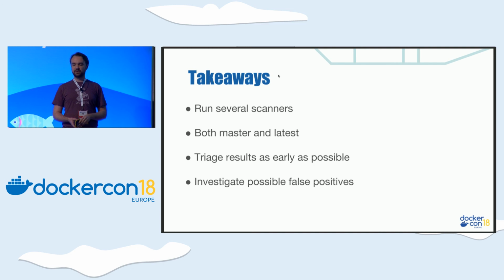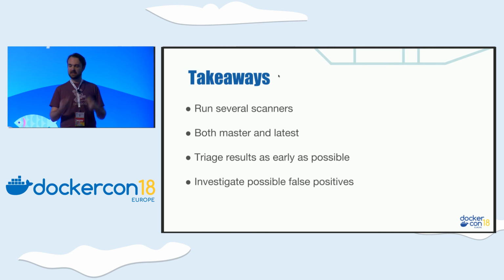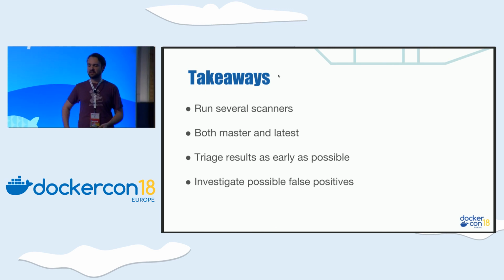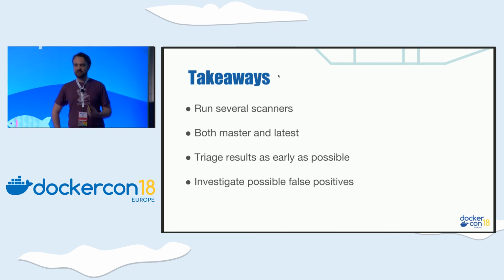Don't forget to scan many versions, not only master, but also what's actually running right now. Triage results as soon as possible. And this is what we did. And having results pushed to you helps being as reactive as possible. And don't forget, these are automated systems. Automated systems have flaws and they have their false positives. So it's always good to take some time to investigate them.